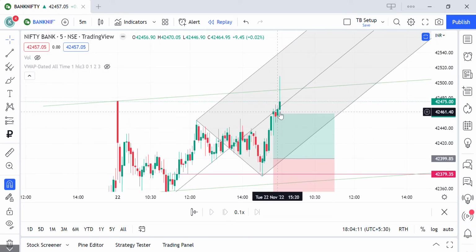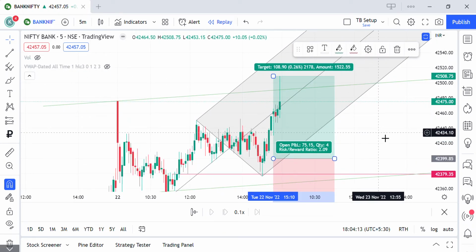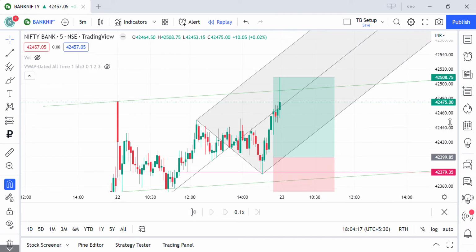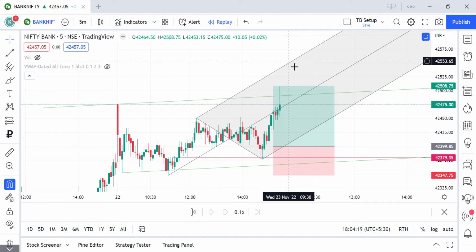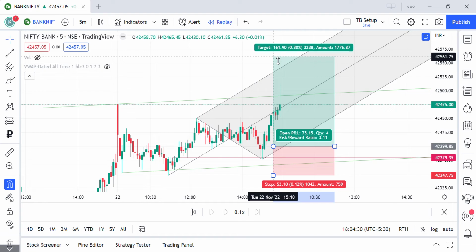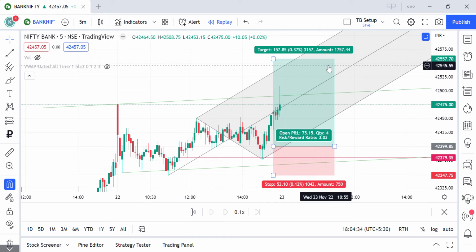This trade has given you so far as much as 1:2 risk reward ratio, but still we can continue this trade assuming that these buyers are willing to go long. Maybe we can expect price to touch this upward line of this pitchfork, and that may give us a 1:3 risk reward ratio. Maybe this is where we can keep our target, somewhere around this line.